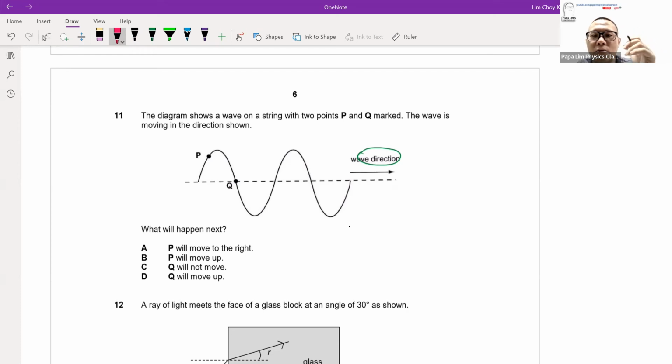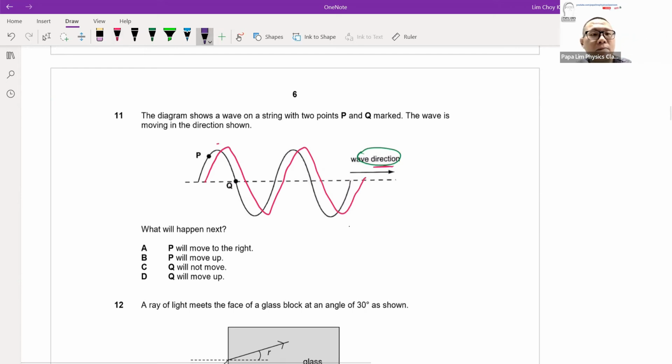The wave is moving to the right. So a split second later, the wave will be somewhere in this position. The red one refers to the wave at the next instant.